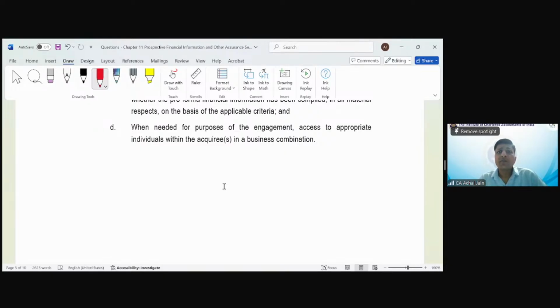Why is this information required? Because that's how the practitioner will get a clarity of the transaction. And only then he will be able to perform procedures on the adjustment on the basis of which pro forma will be prepared.